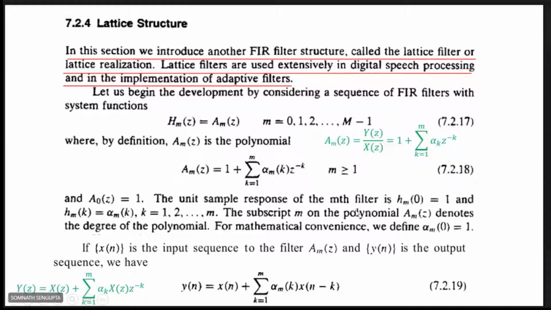So let us say we have this coefficient Am(z) as 1 plus summation alpha m k into z to the power minus k. It simply is a polynomial, or you can say it consists of zeros, or it is a z transform of a certain sequence, only numerator terms.